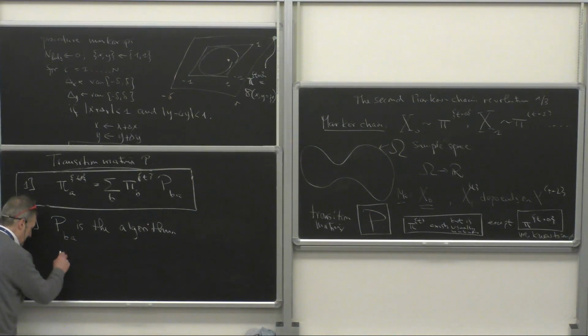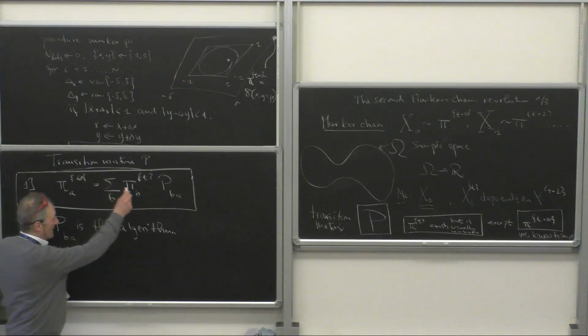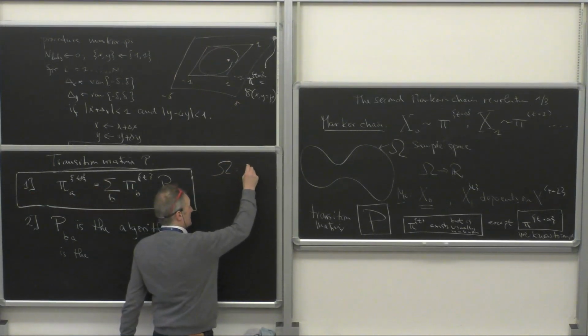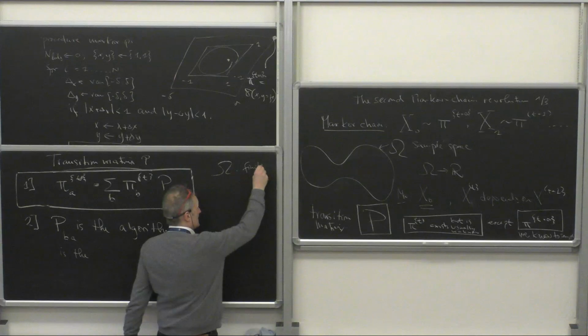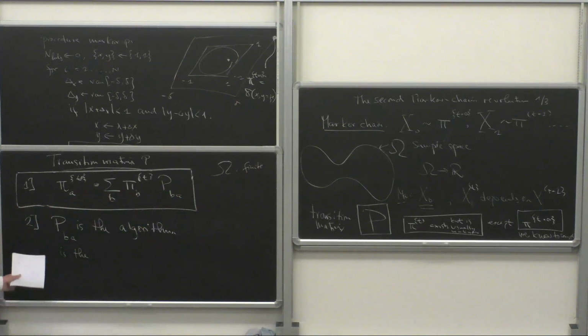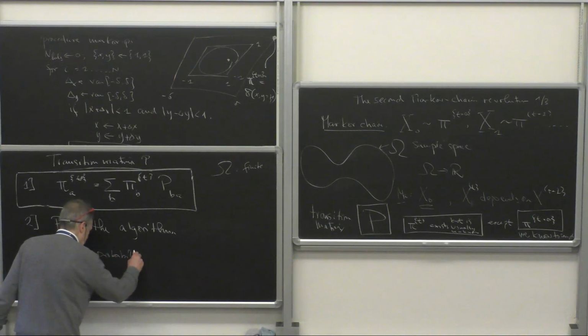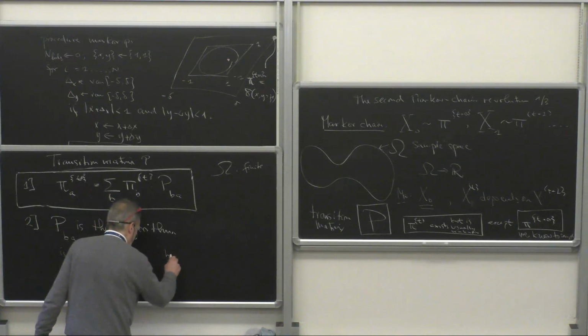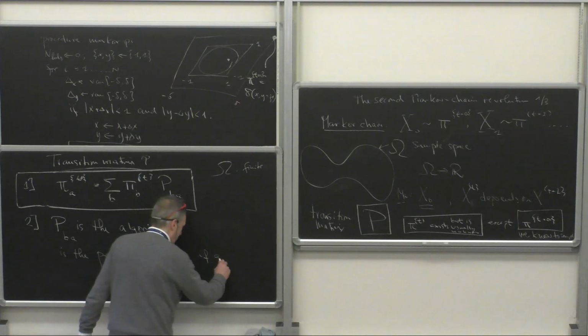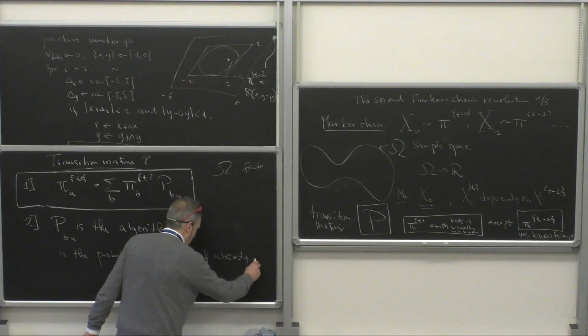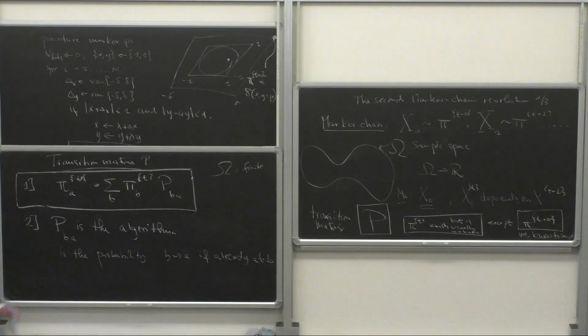I'm putting myself in Omega finite, just for simplicity. So P from B to A is the probability to move from B to A if already at B. If P from B to A is 0.4, then if we are at B, the probability to move from B to A has to be 0.4.